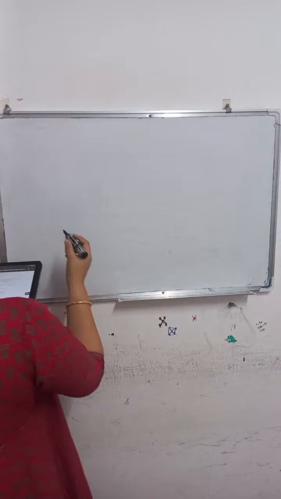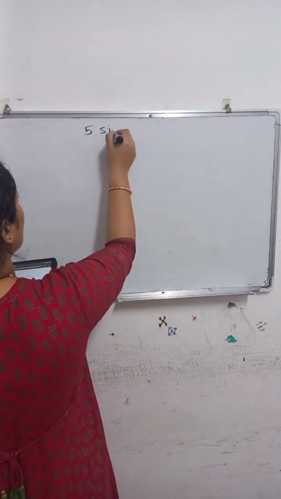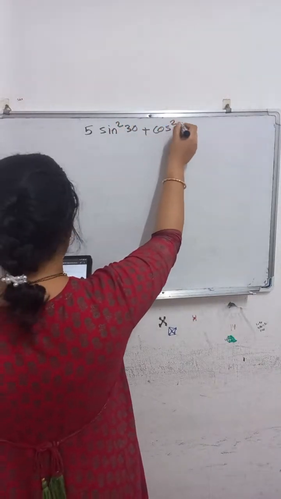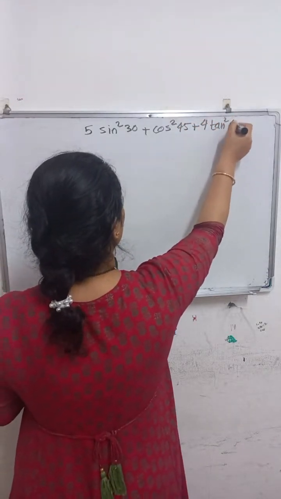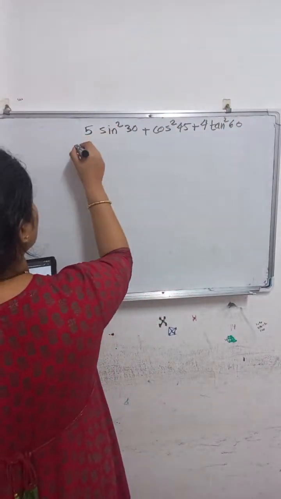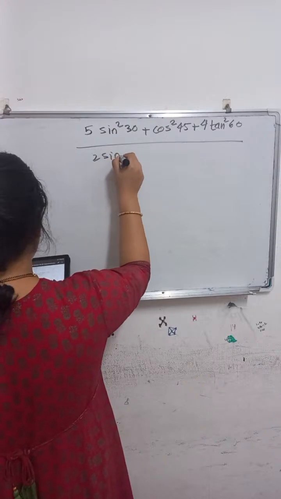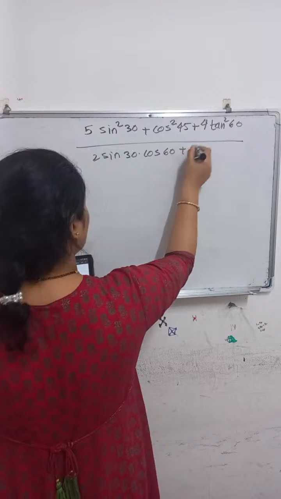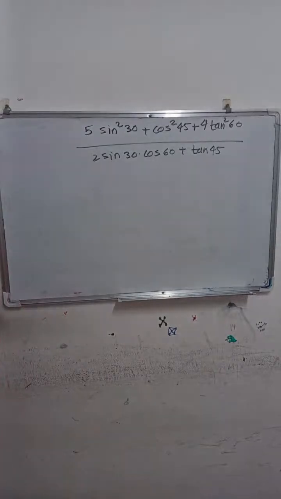They are asking here: evaluate 5 sine square 30 plus cos square 45 plus 4 tan square 60, divided by 2 sine 30 cos 60 plus tan 45. So substitute the values and try to find the answer.